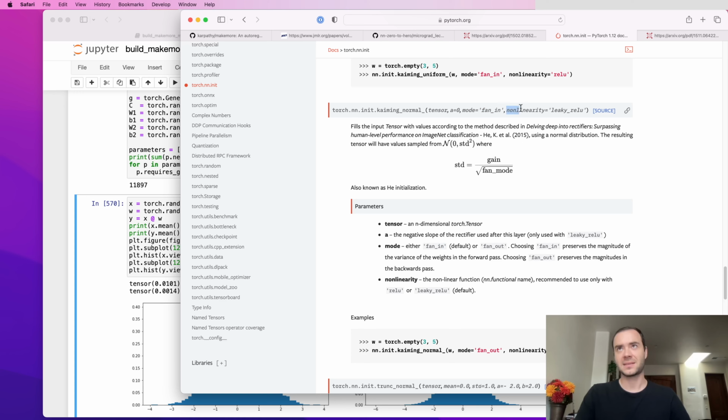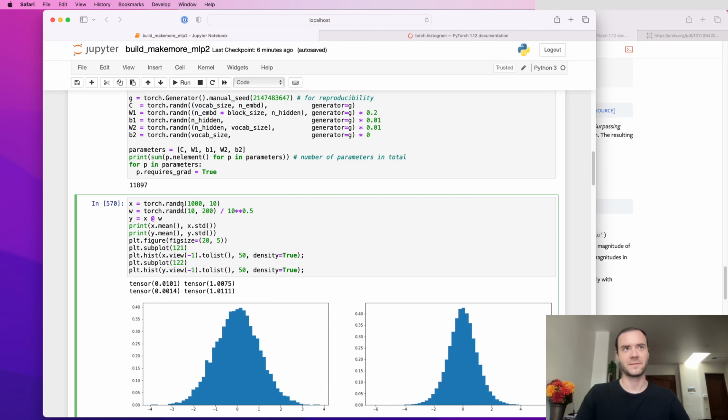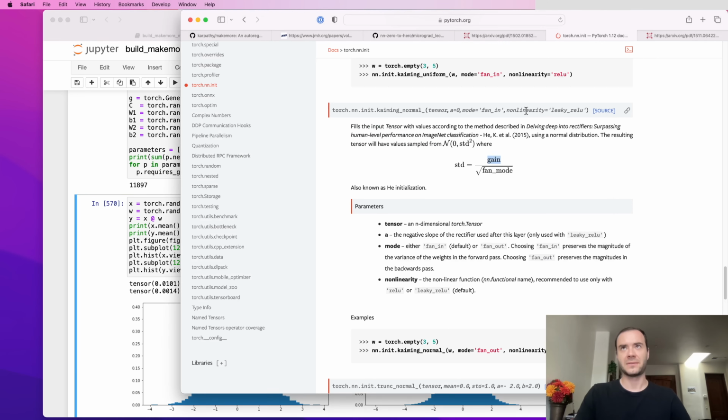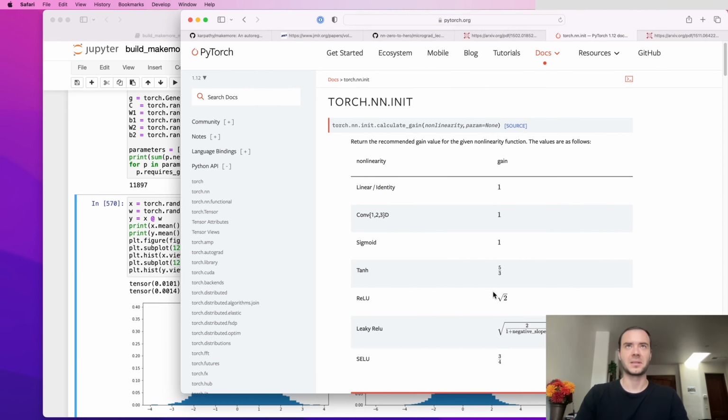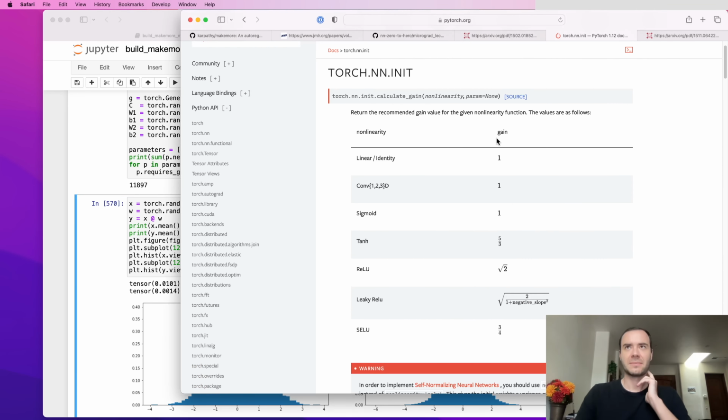And then second, pass in the nonlinearity that you are using, because depending on the nonlinearity, we need to calculate a slightly different gain. If your nonlinearity is just linear, so there's no nonlinearity, then the gain here will be 1, and we have the exact same kind of formula that we've got up here. But if the nonlinearity is something else, we're going to get a slightly different gain. So if we come up here to the top, we see that, for example, in the case of ReLU, this gain is a square root of 2.